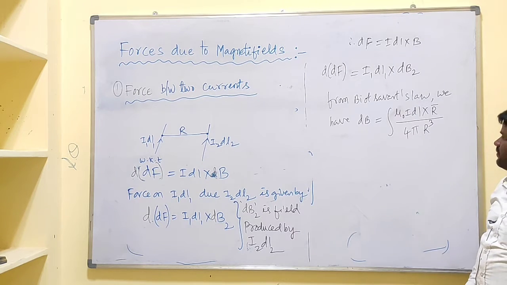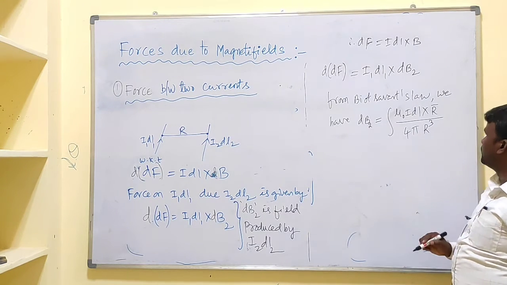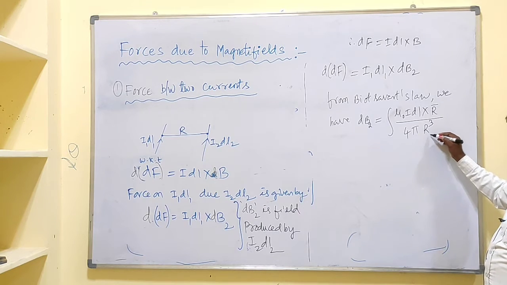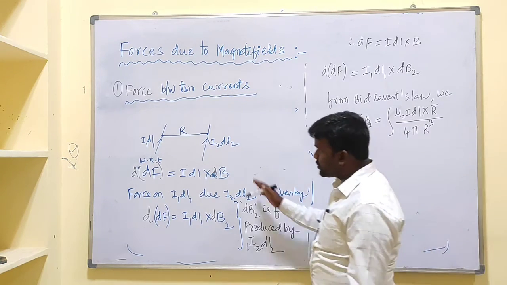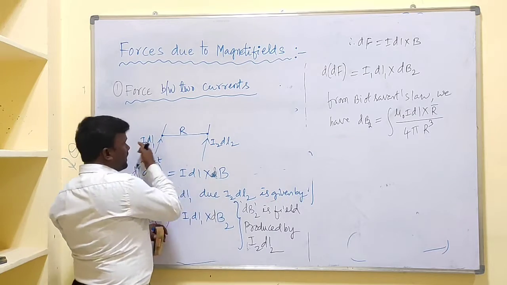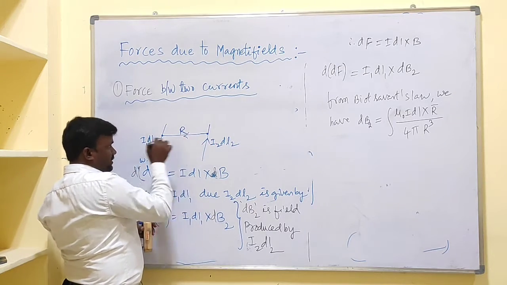Let us take free space. If it is dB2 only, here r and here r cube. Here we have the force on this current element I1 dl1. That means the force direction is like this.